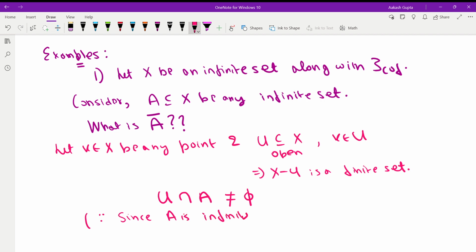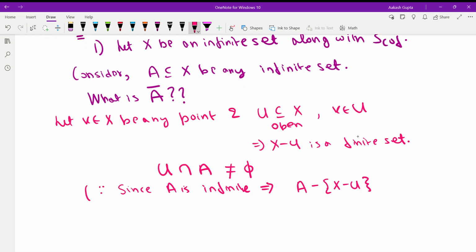Since A is infinite, this implies A minus the set X minus U, so if you remove the points of X minus U from A, this is still infinite, right? So clearly this implies that A intersection U is non-empty, because you leave those finitely many points, and whatever is remaining, U has.